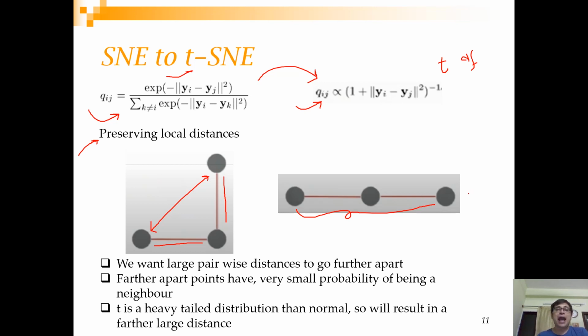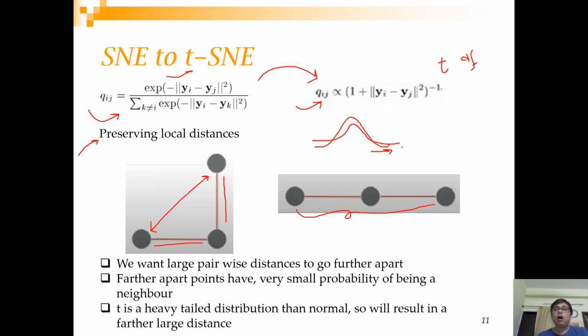And if you follow the normal distribution, as you go towards the tail, the probability becomes quite small, right? That means as the distance from the reference point to the neighbor increases, the probability also goes down. In case of the t distribution, if you remember, t has a heavier tail. So the t distribution looks something like this.